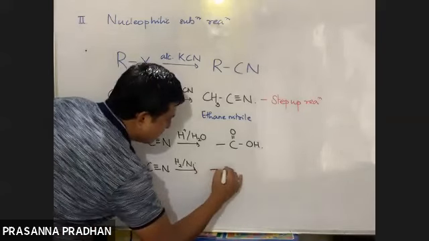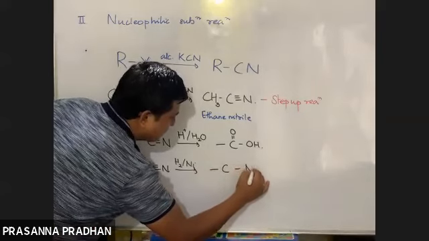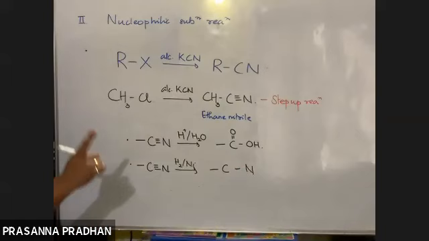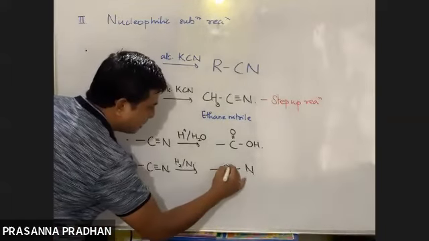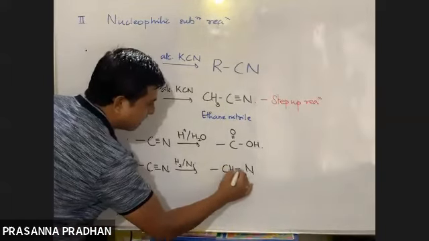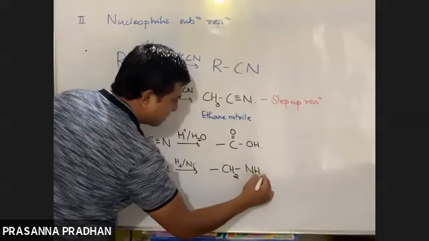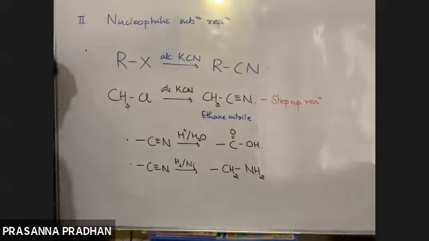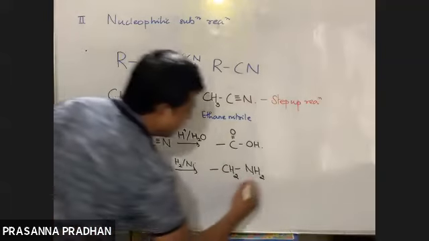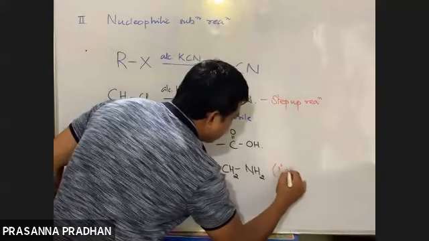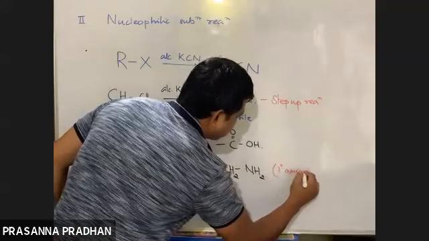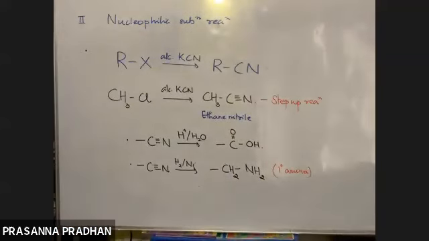If the triple bond gets reduced to a single bond like this, what is the valency of carbon? 4. So 2 valency, 2 hydrogen out here. Valency of nitrogen is 3. So valency 1, 2 more hydrogen. So this is an example of 1 degree amines.